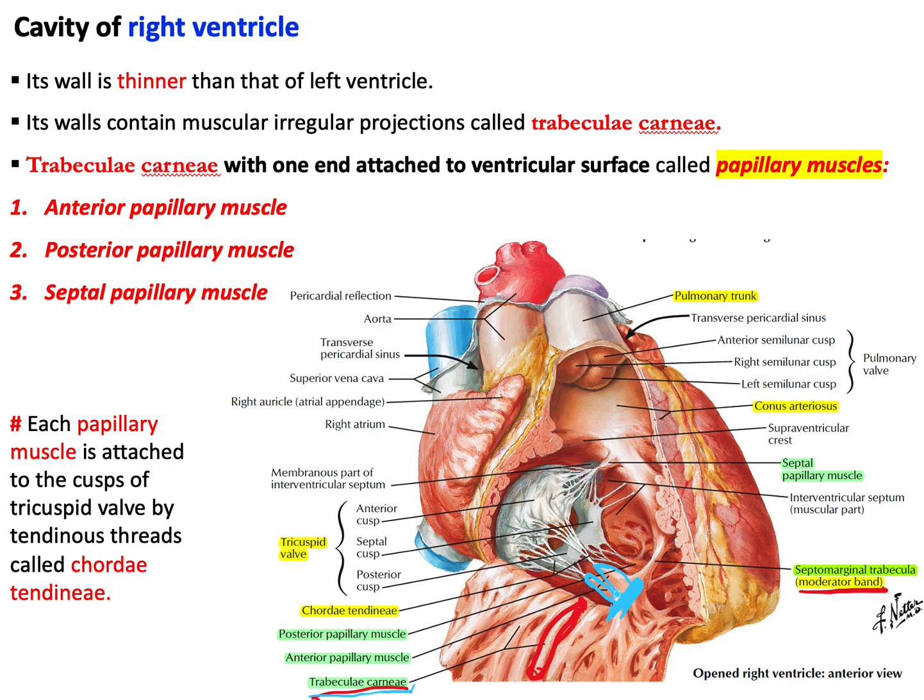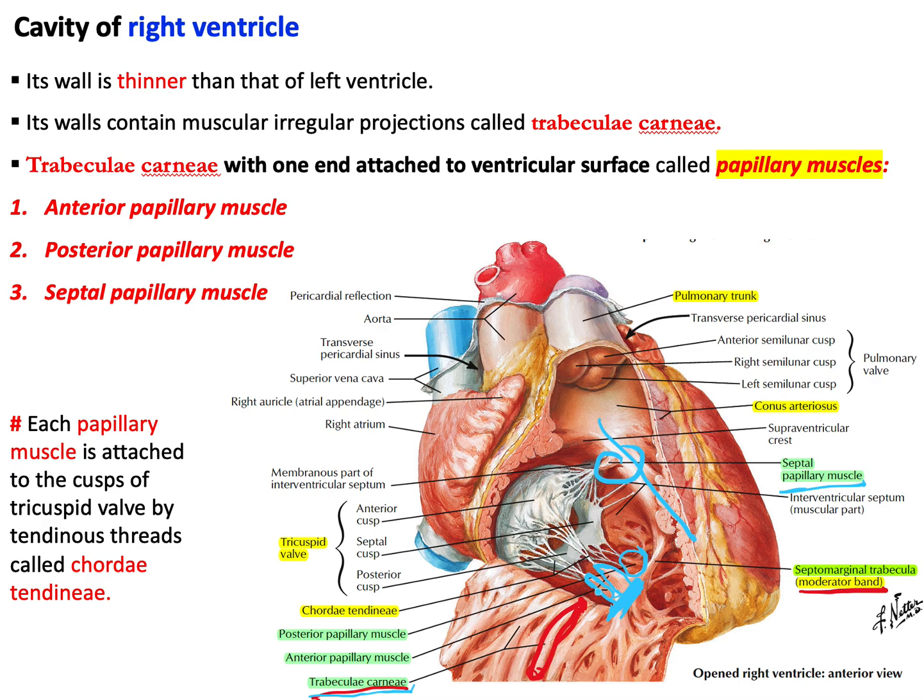So we have the anterior papillary muscle, and we have also the posterior papillary muscle, and also we have the septal papillary muscles. Septal because it is attached to the interventricular septum.